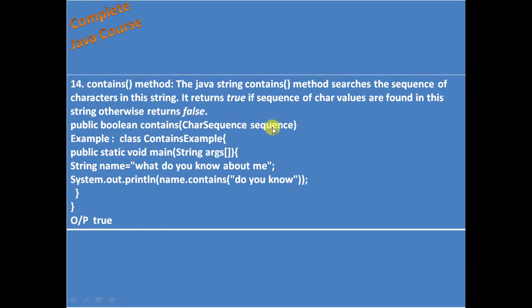So call contains and pass the string sequence. Here we create a contains example, create a main method, and create a string. In this string we are checking name.contains("do you know"). So "do you know" is present in this, so it will print true.